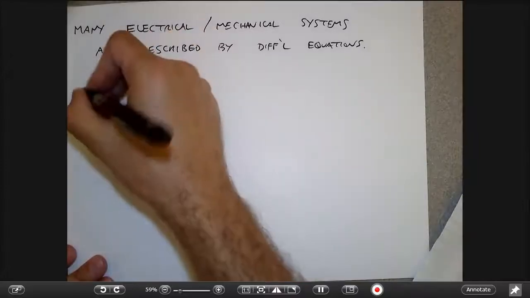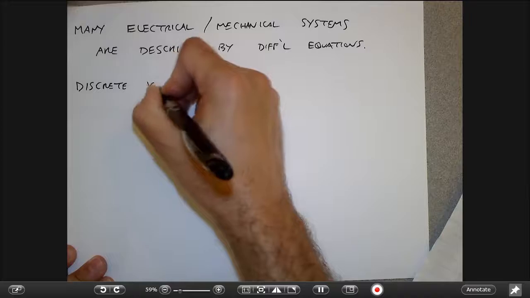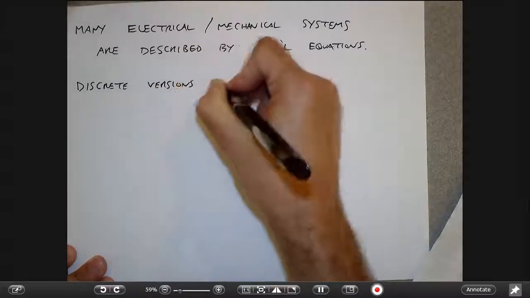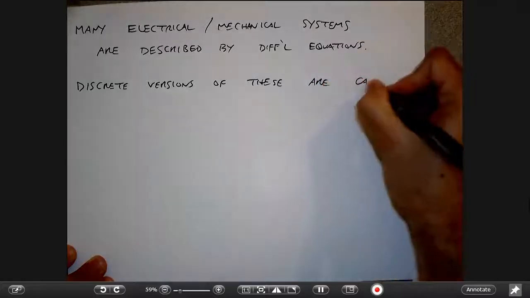But the discrete versions of these are called difference equations.